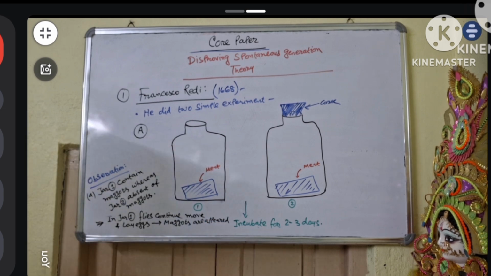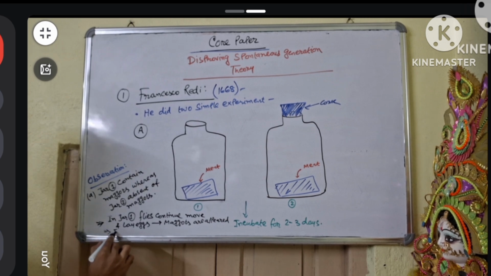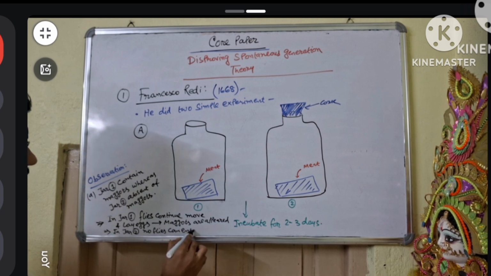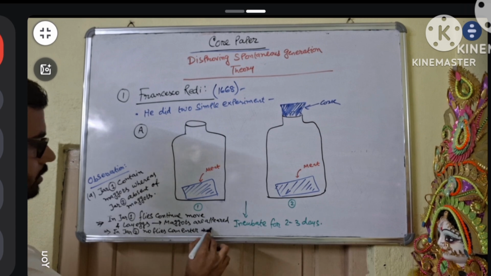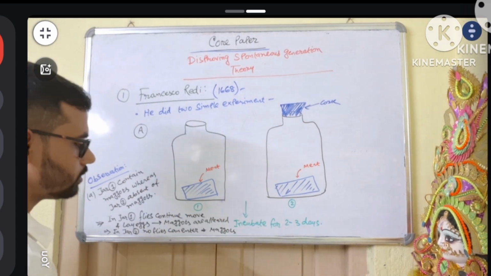But in the case of jar 2, no flies could enter, so maggots were absent after 2 to 3 days.